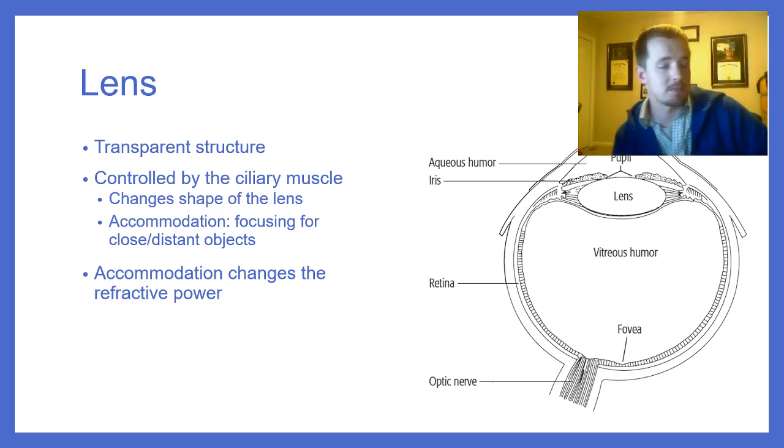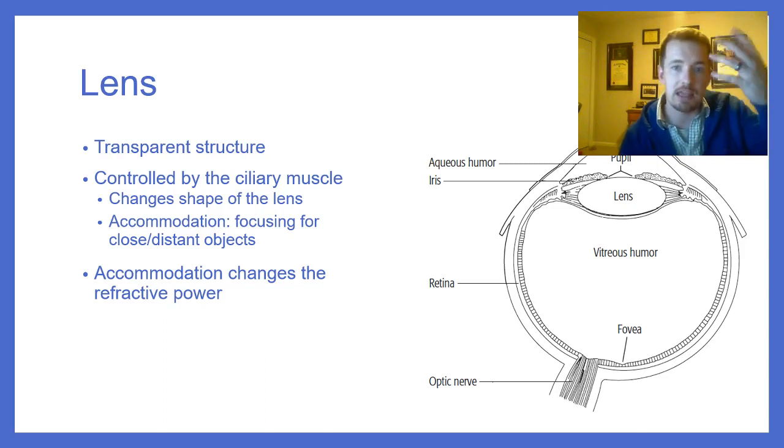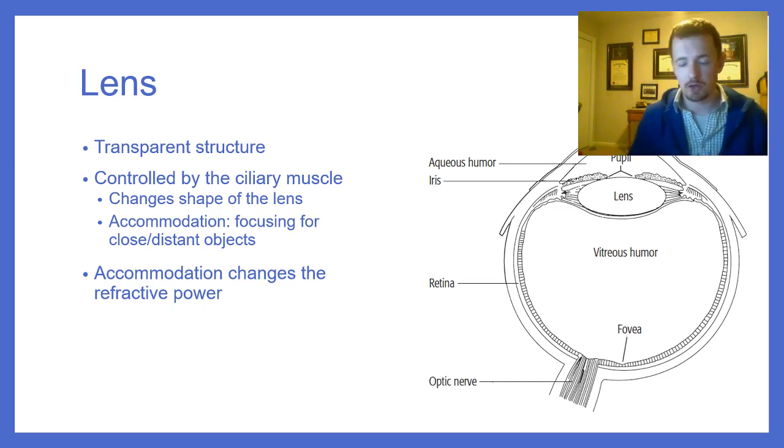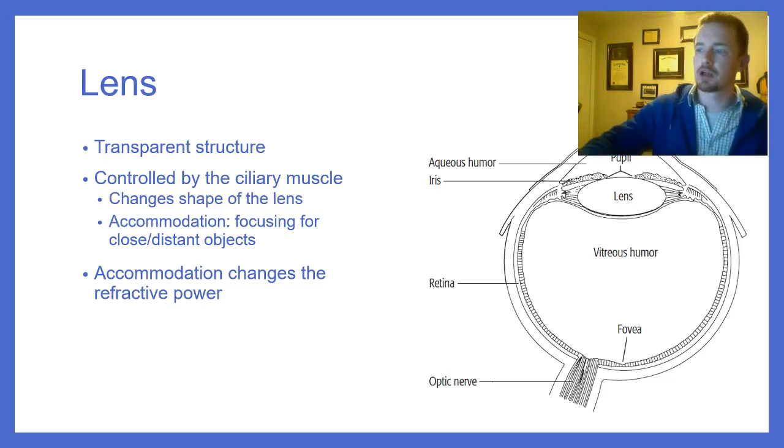This is part of the reason why sometimes if somebody's talking to you and they're really, really boring, you just kind of look past them, right? And so they look blurry. It's because of the lens, because the ciliary muscles are not pushing the lens to focus in on that individual. So accommodation is going to change that refractive power.